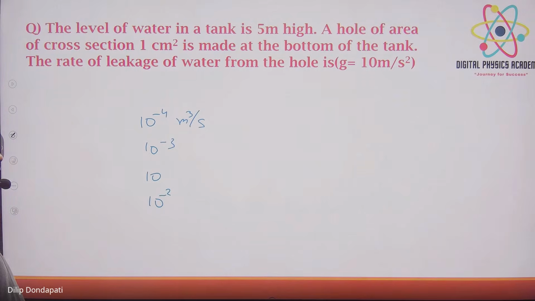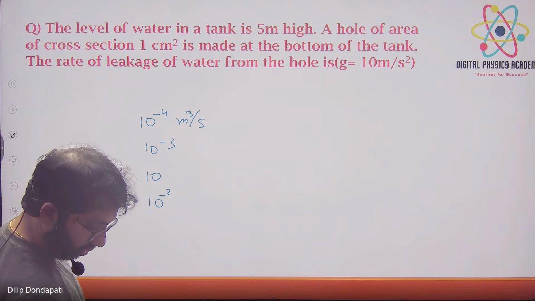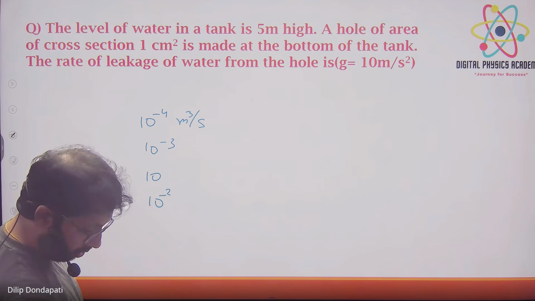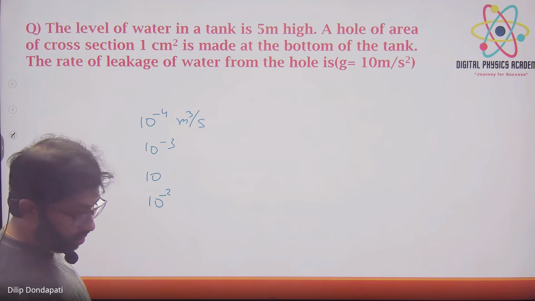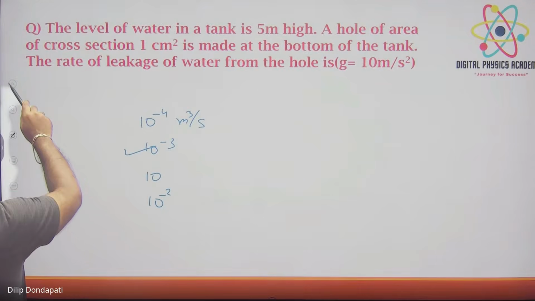So area into the velocity, under root 2gh. So use करो. 10 power minus 3, yeah. Yes, correct. Next.